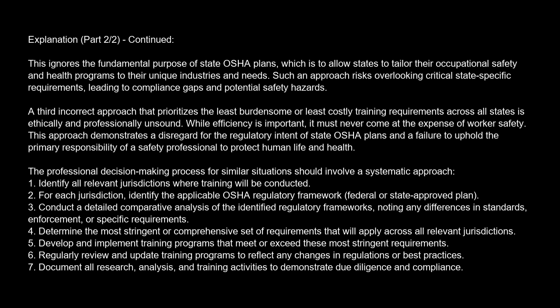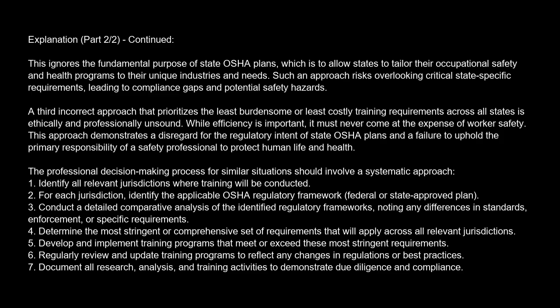The professional decision-making process for similar situations should involve a systematic approach. 1. Identify all relevant jurisdictions where training will be conducted. 2. For each jurisdiction, identify the applicable OSHA regulatory framework, federal or state-approved plan. 3. Conduct a detailed comparative analysis of the identified regulatory frameworks, noting any differences in standards, enforcement, or specific requirements. 4.